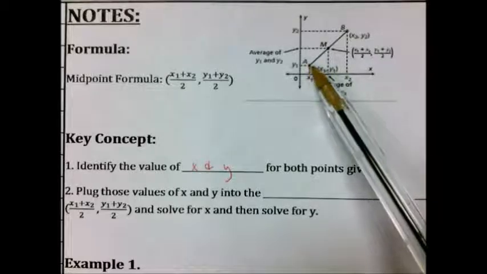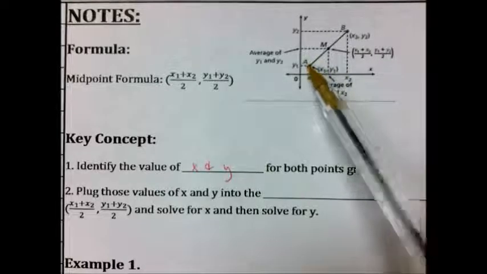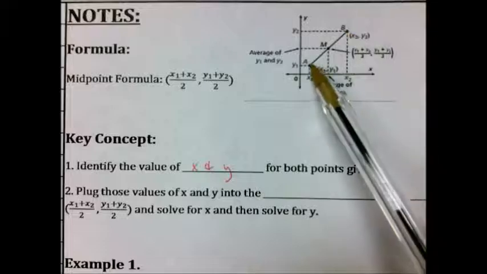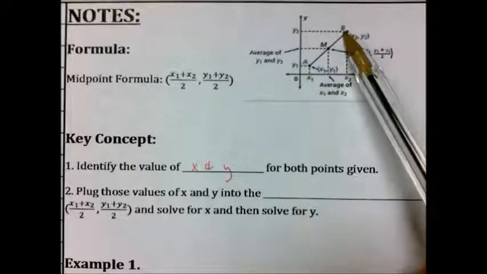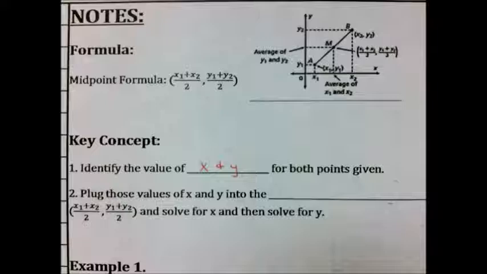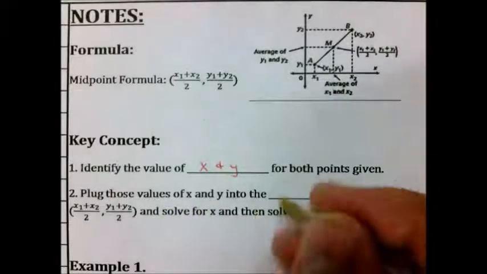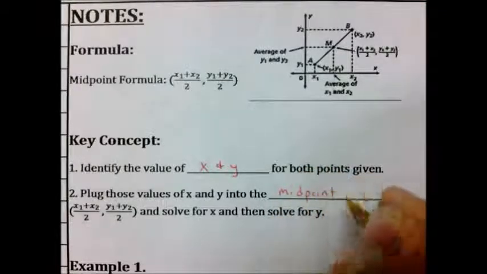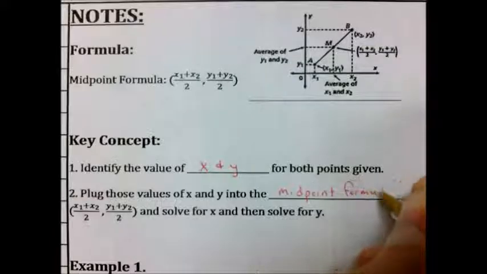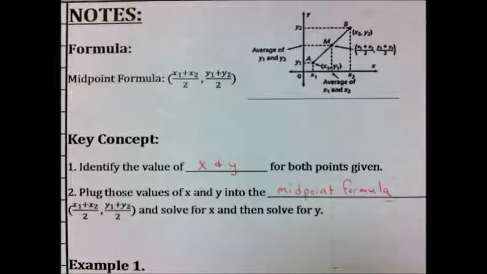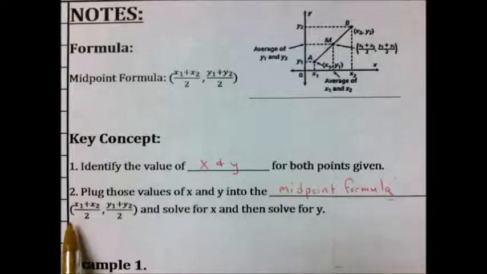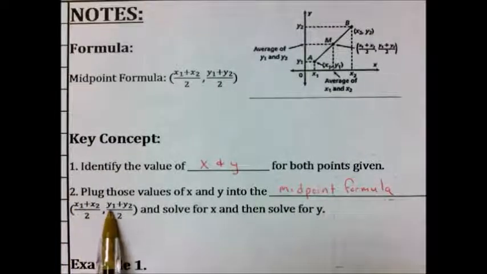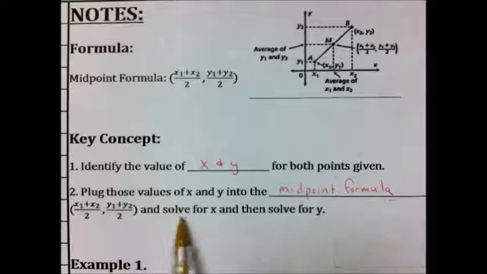For example, the x for point A and the x for point B, the value of y for point A and the value of y for point B. Then the second thing is you need to plug those values of x and y into the midpoint formula, which is x1 plus x2 divided by 2 and y1 plus y2 divided by 2, and then solve for x and then solve for y.